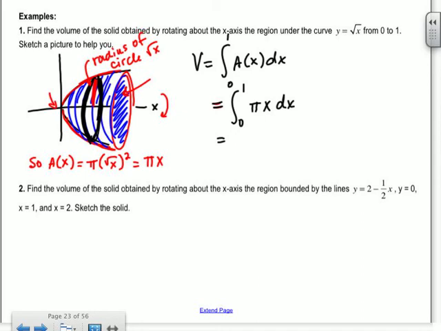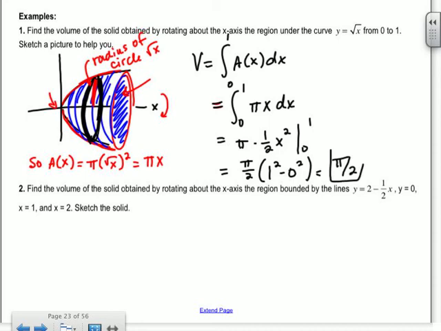The pi can go out front. You'd have 1/2 x squared going from 0 to 1. So you get pi over 2 times 1 squared minus 0 squared. So it's just pi over 2. Okay, so that's the volume of that bowl shape that's completely filled in.